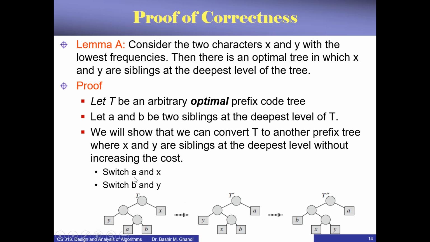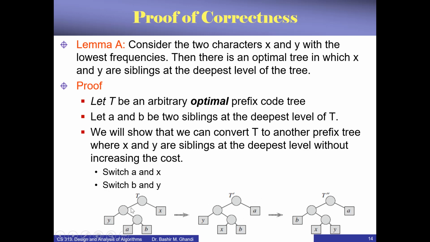Therefore, if you are subtracting the cost of this tree from this one, the only elements that you really need to worry about are the original cost of x and a, and the new cost of a and x in the new tree. The others will cancel out since they remain in the same position.